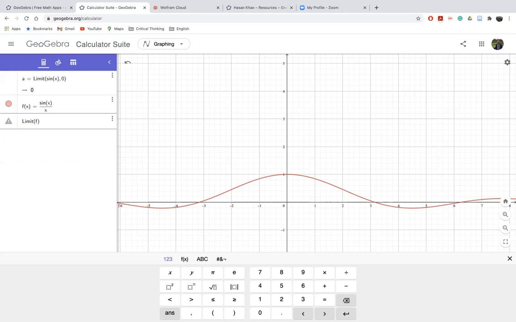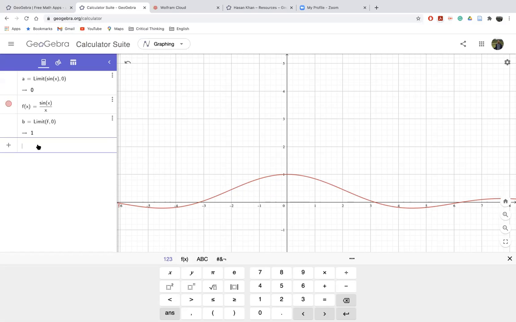It will automatically take f from the previous cell. Then I want to find the limit of f at 0, and as you can see here, it is 1. So the idea of limit, we can find the values of limit from here. I think you get the idea.